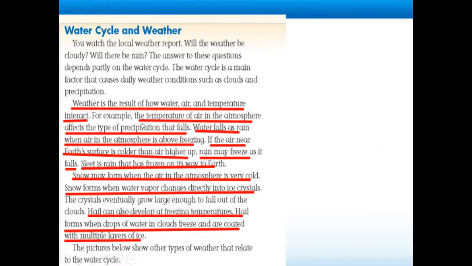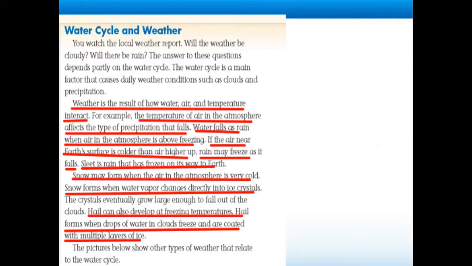For example, the temperature of air in the atmosphere affects the type of precipitation that falls. Water falls as rain when the air temperature is above the freezing point. The freezing point is zero; below zero is freezing.